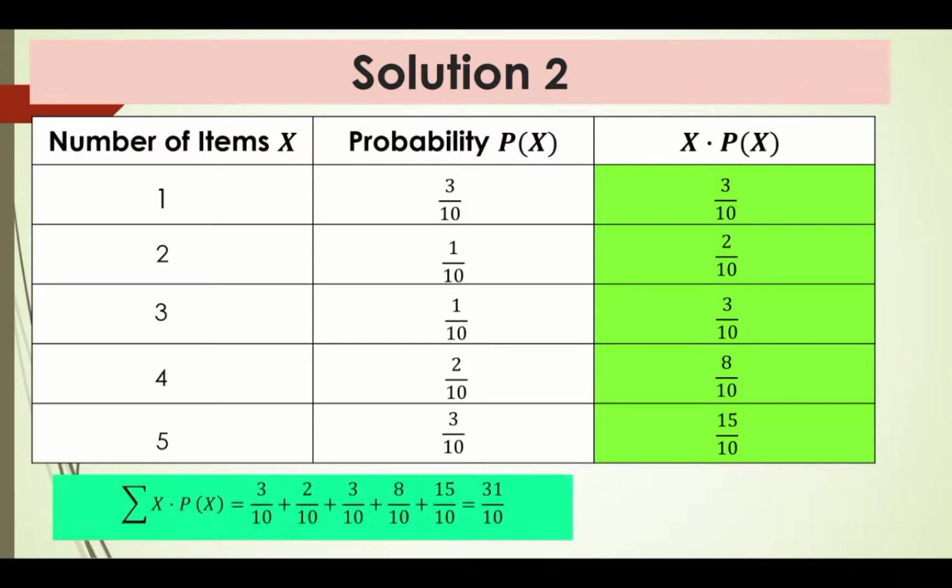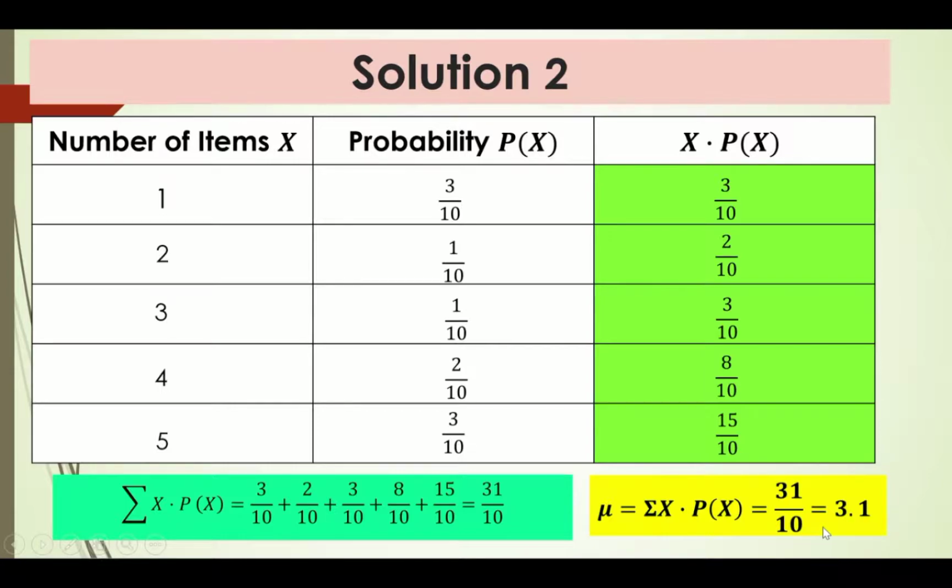So the summation of x times p of x is equal to 3 over 10 plus 2 over 10 plus 3 over 10 plus 8 over 10 plus 15 over 10, which is equal to 31 over 10.